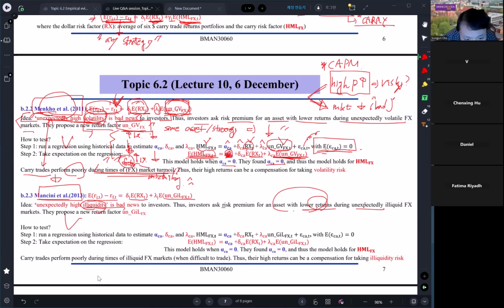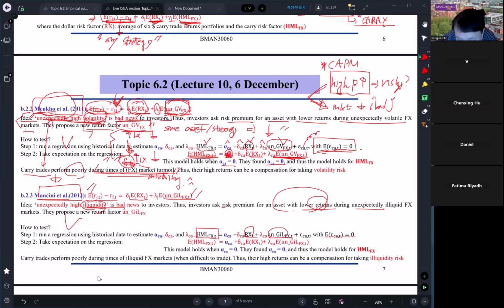Other than that, how do we know whether these models are able to explain the profitability of carry trade? Just like before, we put the historical value of the carry trade portfolio strategy, HMLFX, on the left-hand side. We put RXT and some factor-mimicking return on the global illiquidity factor on the right-hand side as data.